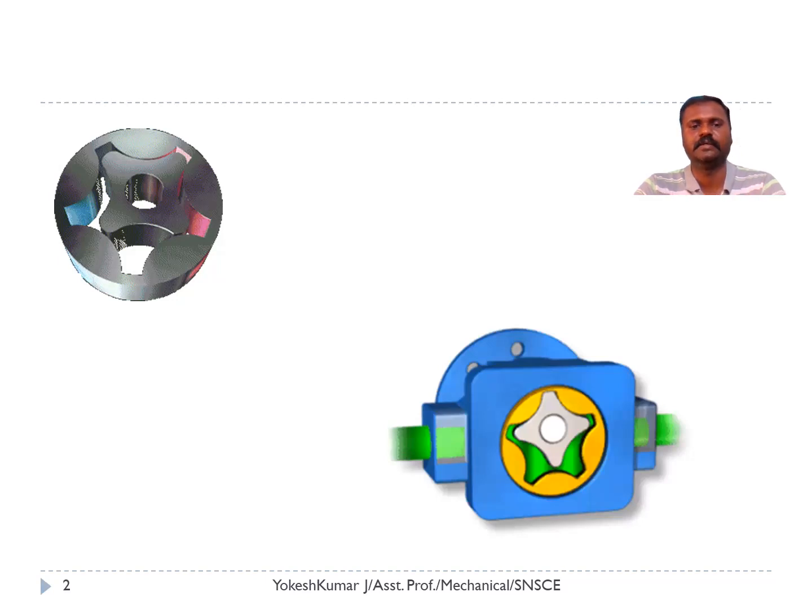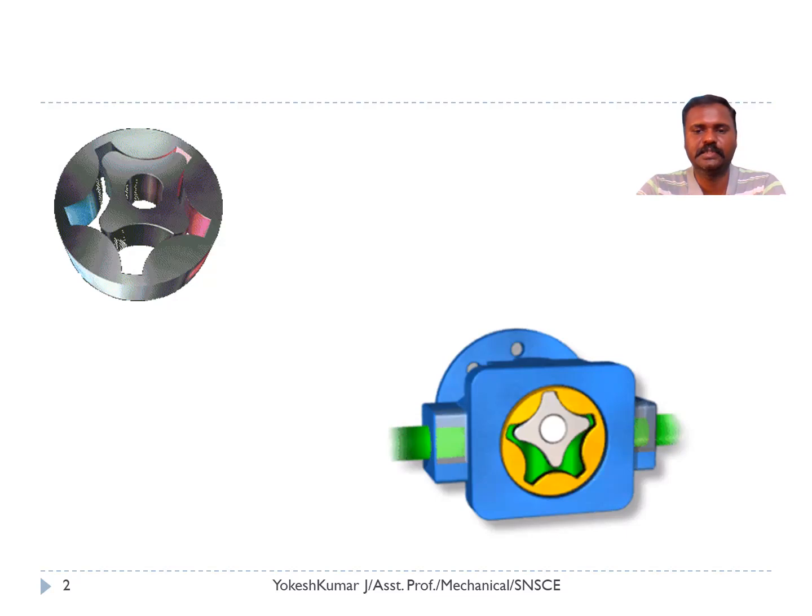Then we have an outer ring, and inside the outer ring, the smaller gear is there. It is called a pinion. The pinion is meshed with the outer ring gear. When the pinion rotates, the mechanical action will cause a change in volume. So it will create a passage for the fluid flow.